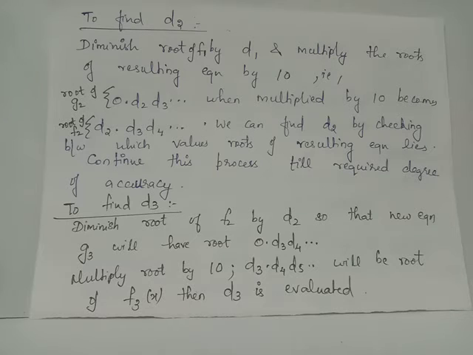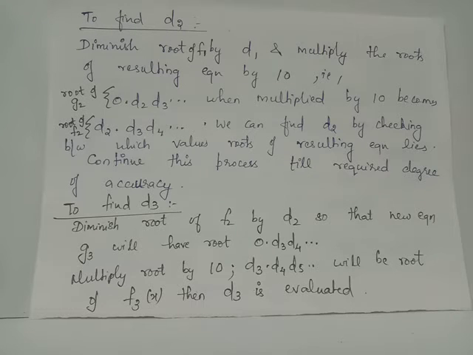To find d3, we will diminish the root of f2(x) by d2 so that you will get the new root in the format 0.d3d4 etc. When you diminish f2(x) by d2 using the synthetic division method, you will arrive at the new transformed equation g3(x) whose root will be 0.d3d4 etc. When you multiply g3(x) using powers of 10, you will get the new equation f3(x) whose root will be of the format d3.d4d5 etc. We are multiplying the root 0.d3d4 etc. by 10 so that d3 can be brought as the integral part.